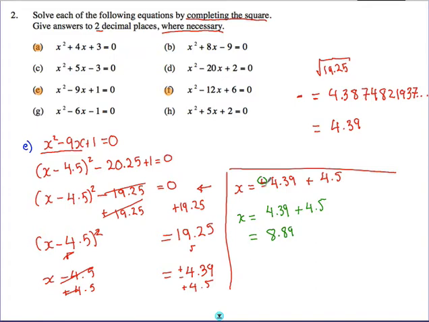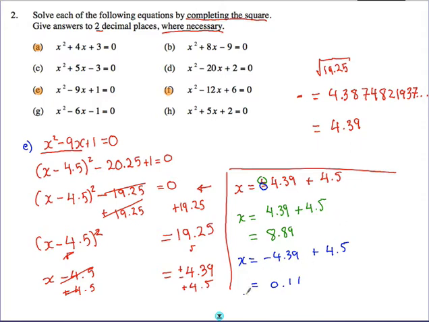Now let's take a look at the negative. So when x is a minus here, so x would be minus 4.39 plus 4.5, and that would give us 0.11, I believe. So minus 4.5 minus 4.39, yep, 0.11.